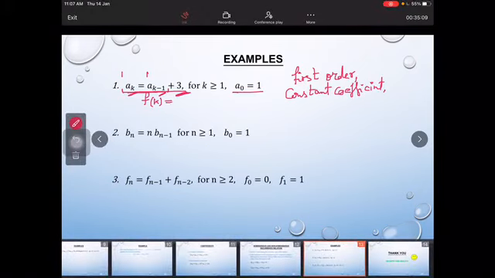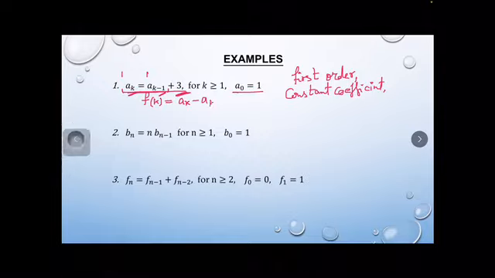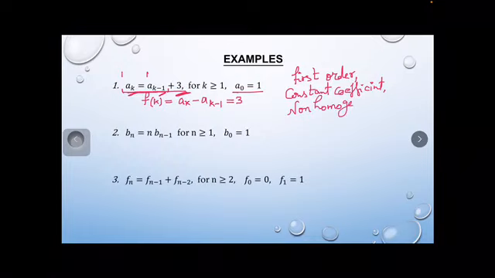It is equal to 3, not 0, so we say that this is the non-homogeneous recurrence relation, right? And the degree of this is 1, so we say that this is the linear recurrence relation.